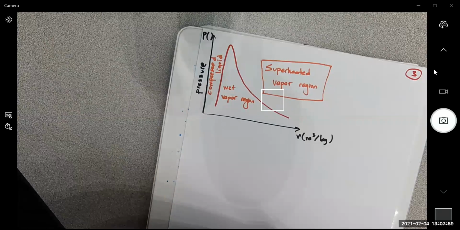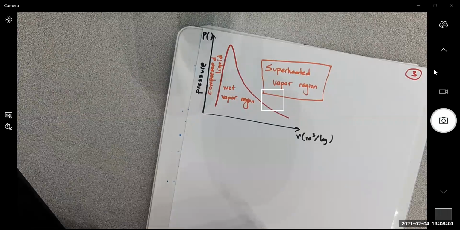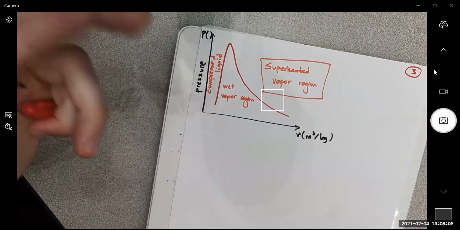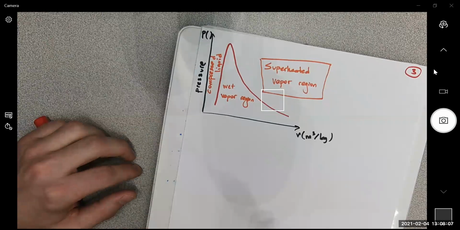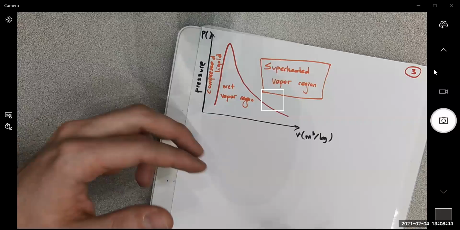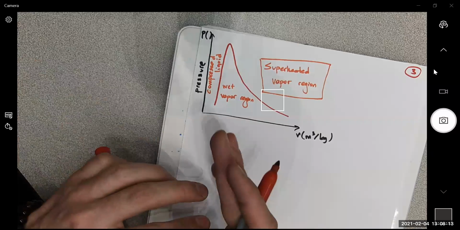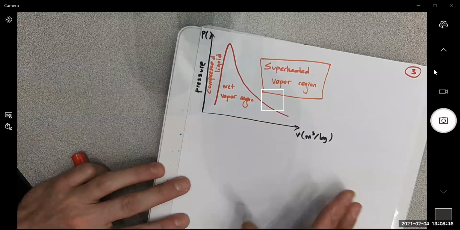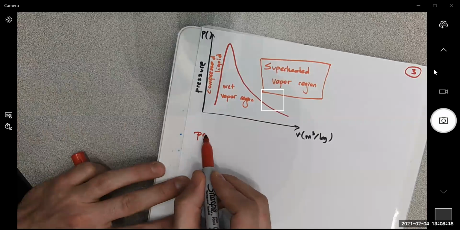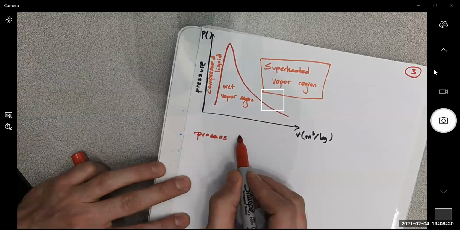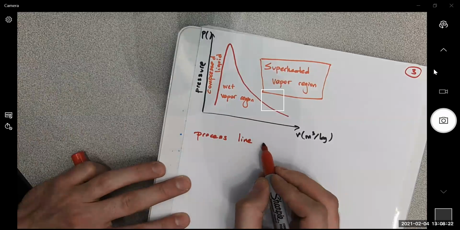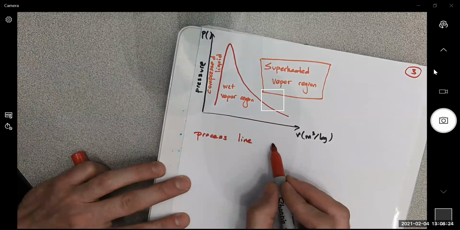Okay, let's show process lines. Remember, we had a couple of processes which we defined during our concepts and definitions. We have a specific way of showing process lines on a PV diagram.